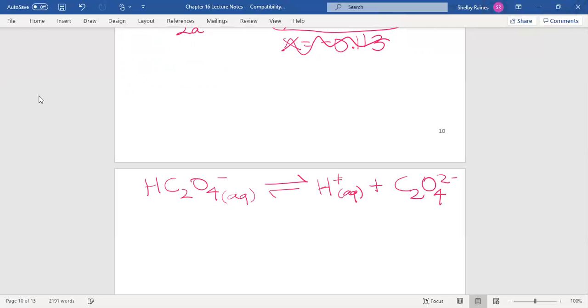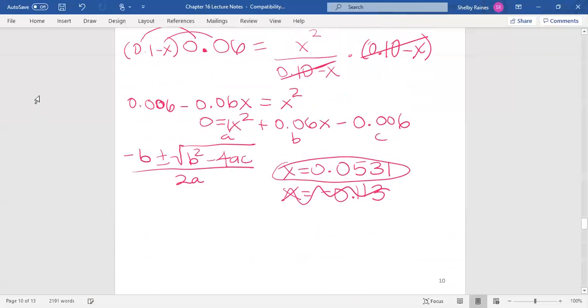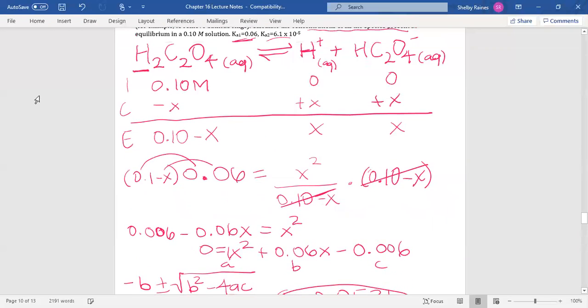I'm going to be left with that. Okay, so how do I know my initial concentration of this species? Well, we solved for it in this problem.